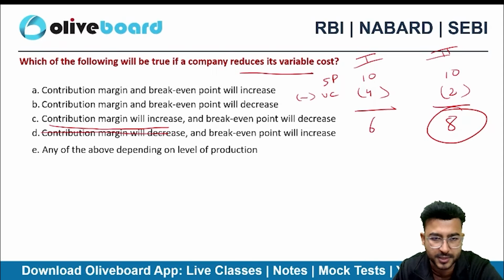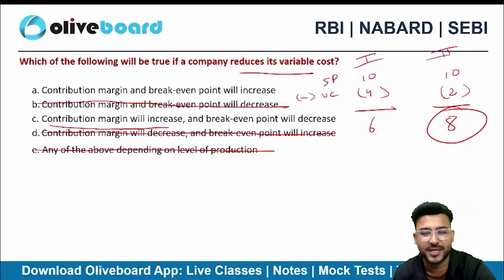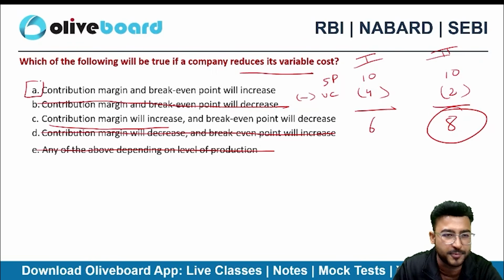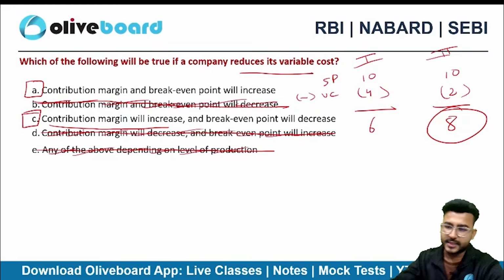So let's cut the option in which the contribution margin is decreasing. Now I have any of the above depending on the level of production. Now that's hilarious. So I'm cutting this also. B is over, D is also over, E is also over.